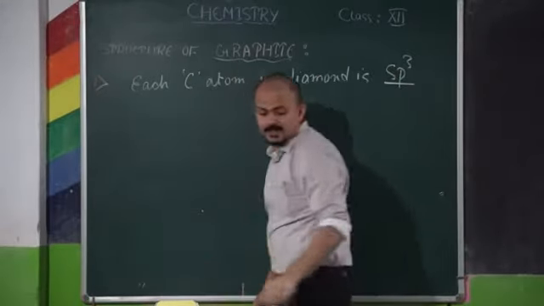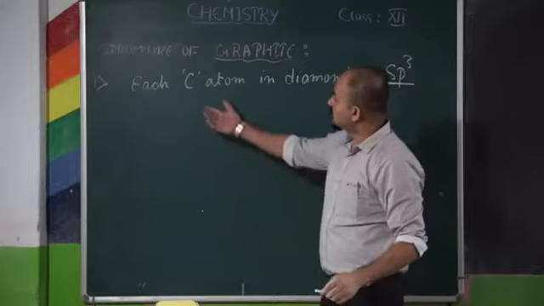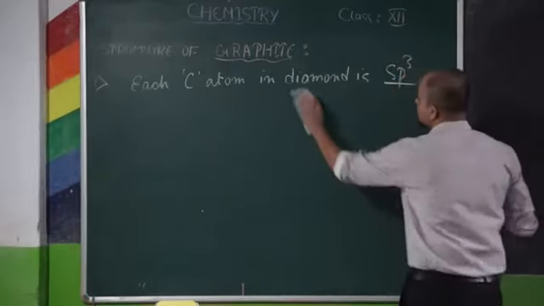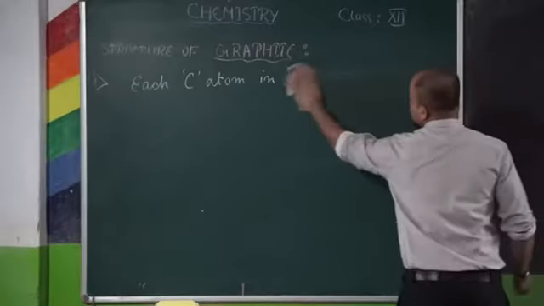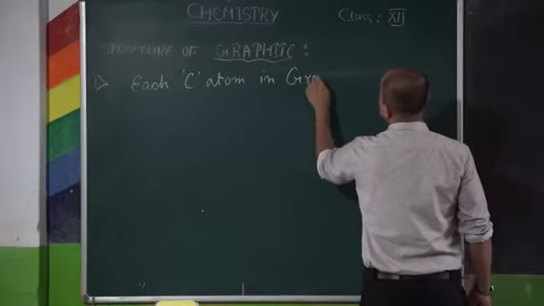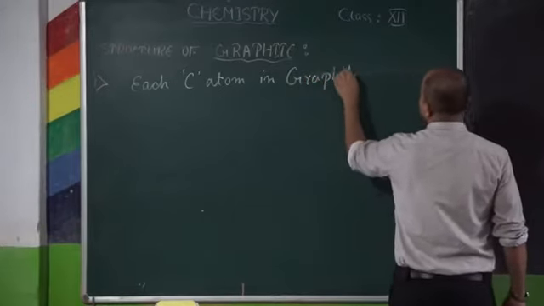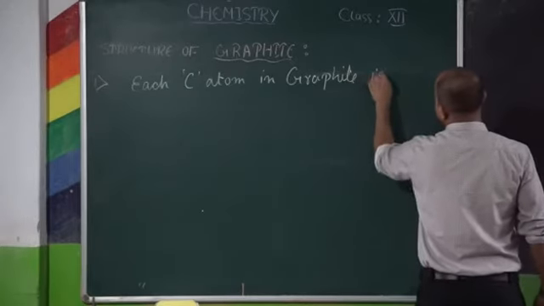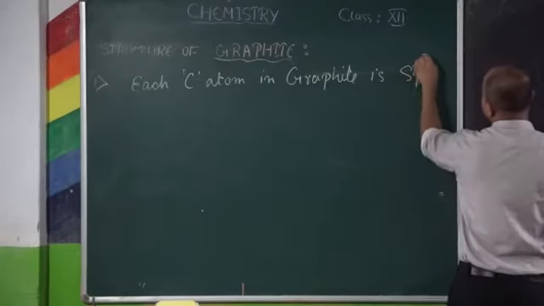Number one, its hybridization. Each carbon atom in graphite. In diamond, it is sp3 hybridized, but in graphite, this is the difference, okay? Each carbon atom in graphite is sp2 hybridized.